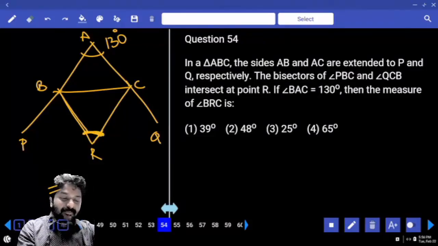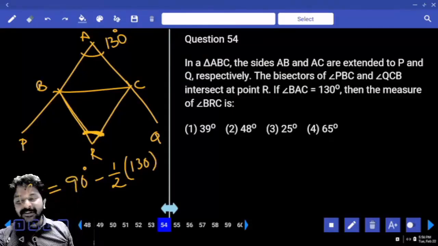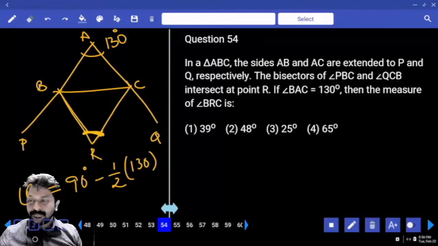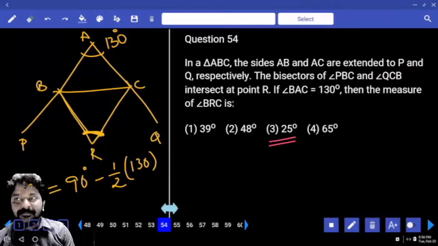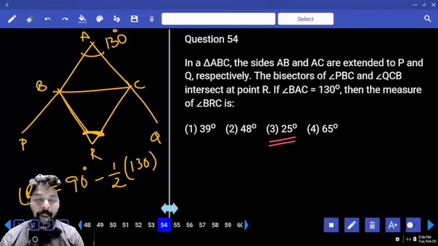Direct formula, right? Come on. Angle at R must be equal to 90 degrees minus half of angle at A. 90 minus 65, 25 degrees, direct. Incenter theorem. This is a direct one: 90 minus half of angle at A.